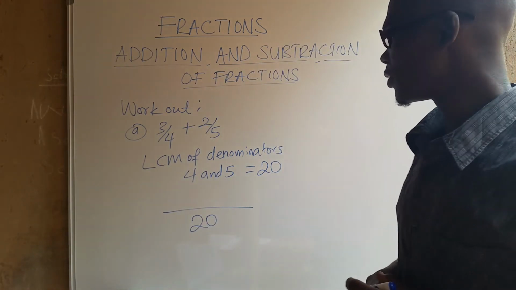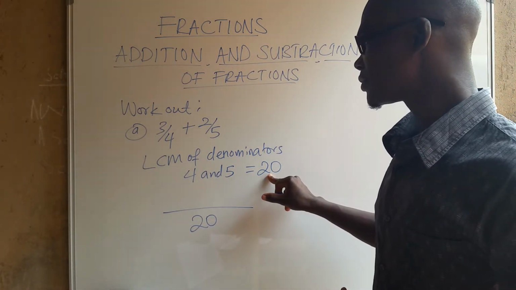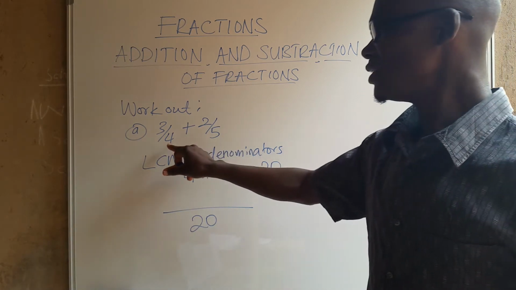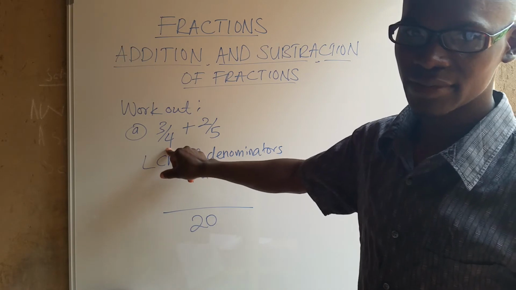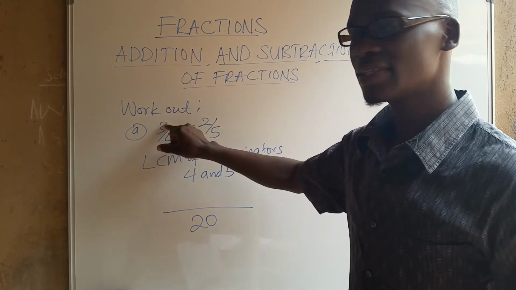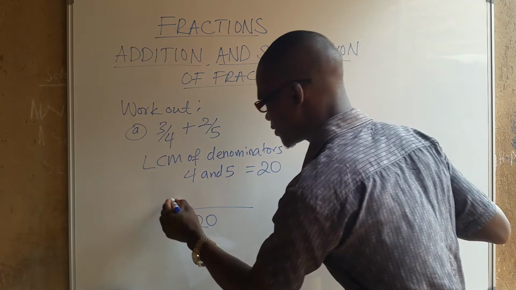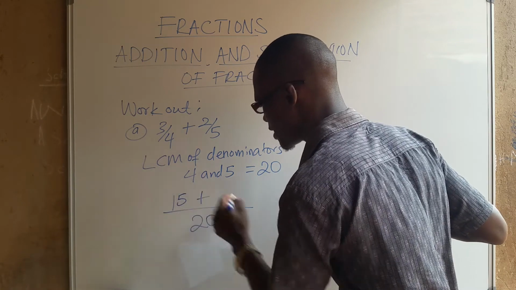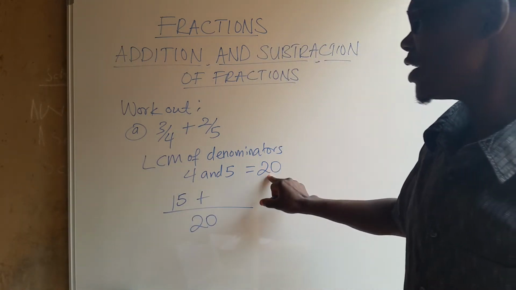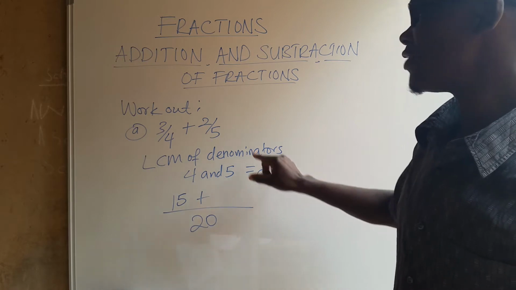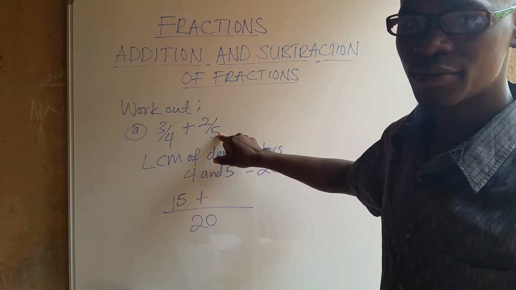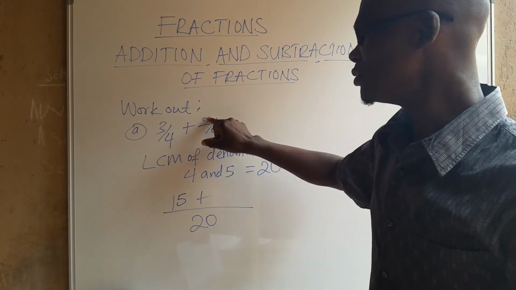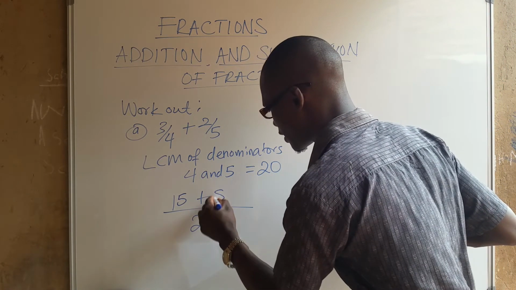Then we get the LCM divided by 4 to give us a 5. Then 5 times 3 to give us 15, plus 20 divided by 5 to give us a 4. Then 4 times 2 to give us 8.